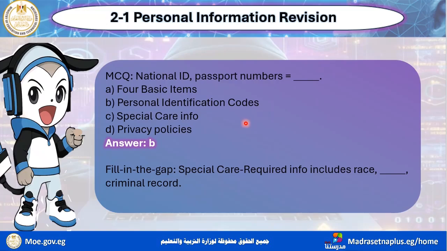Fill in the gap. Special care required info includes race and criminal records. So, medical history and criminal record. So, special care required info includes race, medical history, and criminal record.